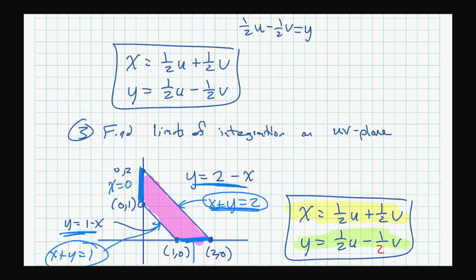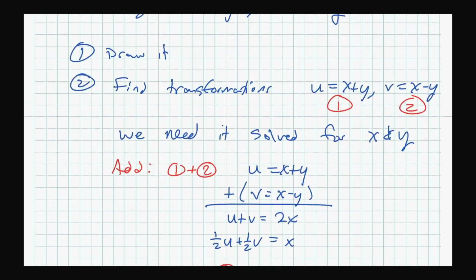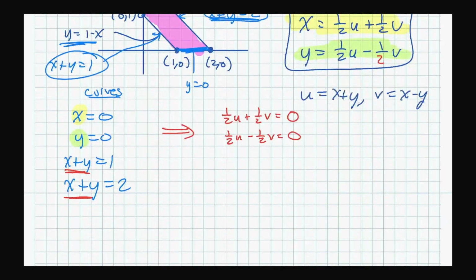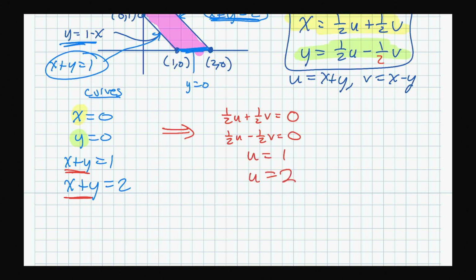Go back to what they said to use for your transformations, which you also have here. So don't forget these. x plus y is actually u. So this is u equals 1, u equals 2 for the last two. So this is in terms of u and v.